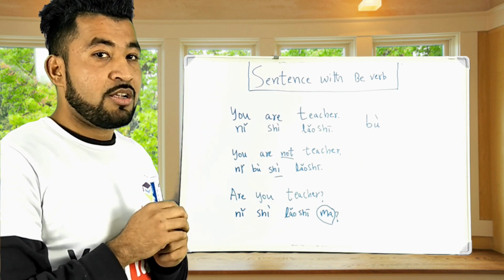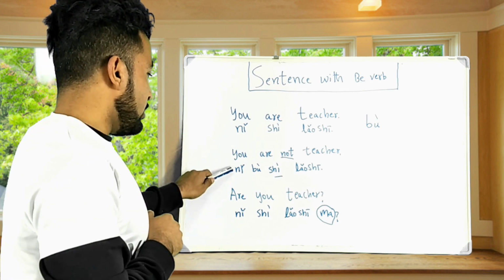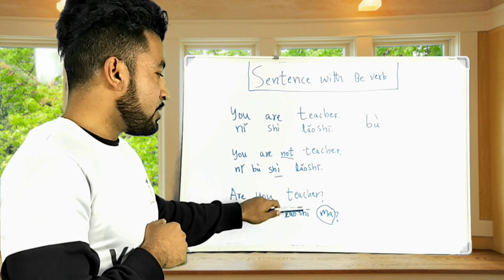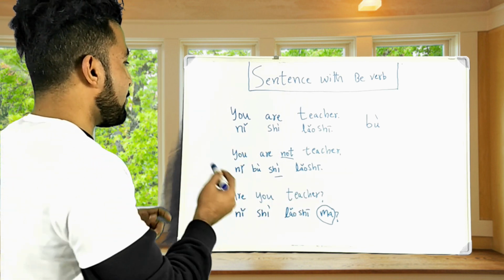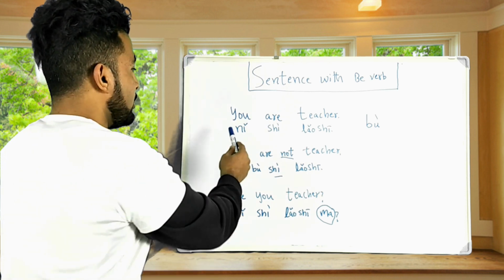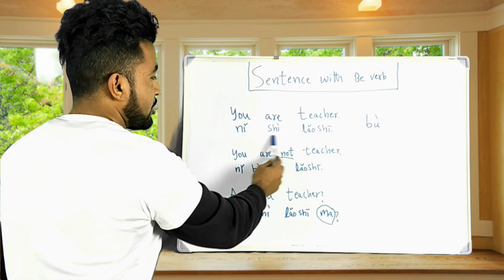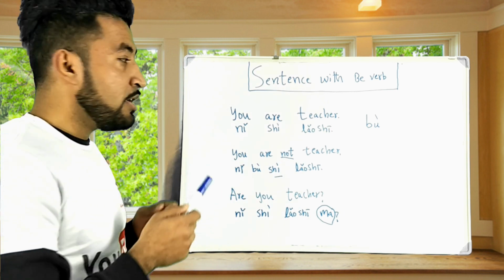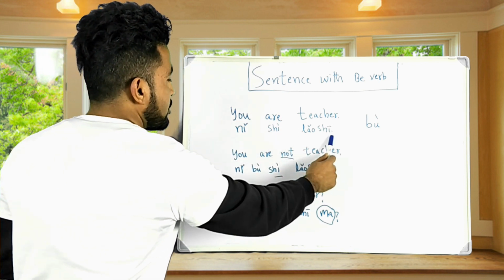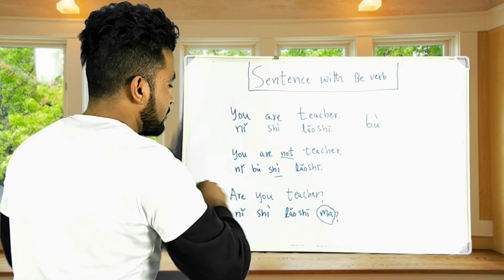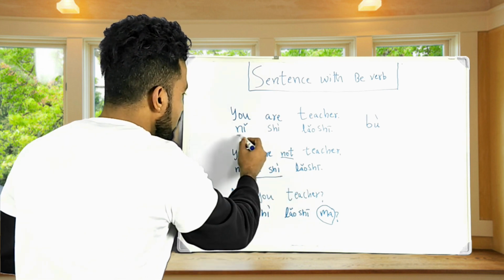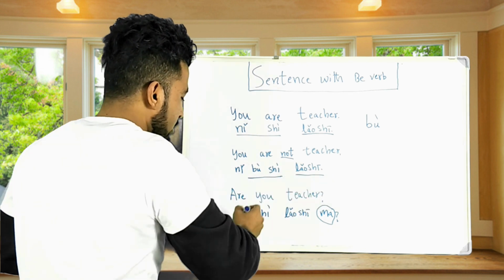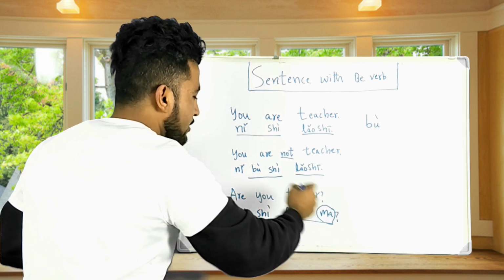The simple and easiest way is to learn this: these two words, 你是, come together. 你是老师. 你不是, this 不 and 是 come together. 你是老师, 你不是老师, 你是老师吗?